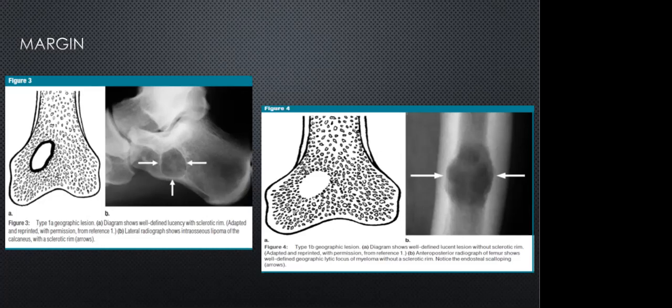Enquanto que, à medida que essa lesão, seja lítica, mista ou esclerótica, vai tendo zonas de transição indefinidas, lesões disseminadas ou lesões irregulares, a tendência é que se pense mais em um processo que possa ser maligno.